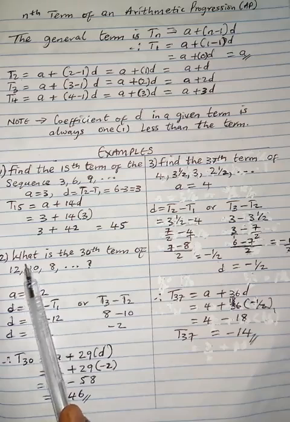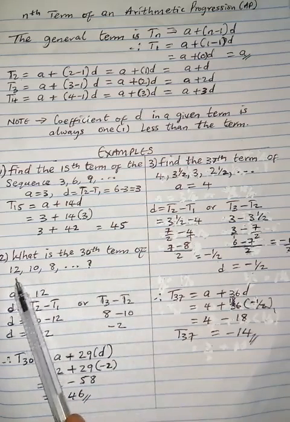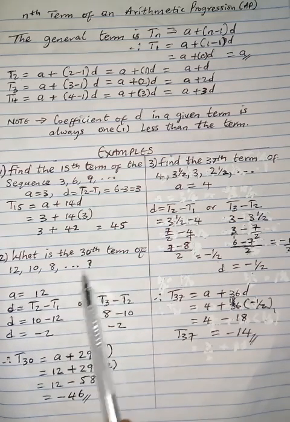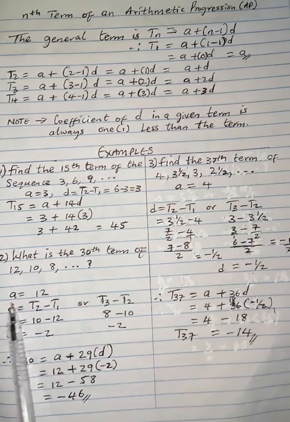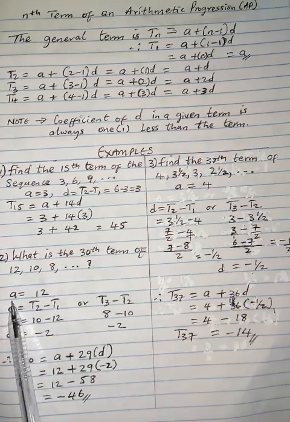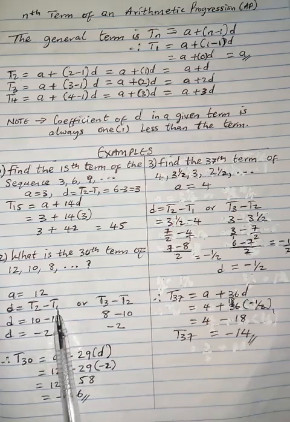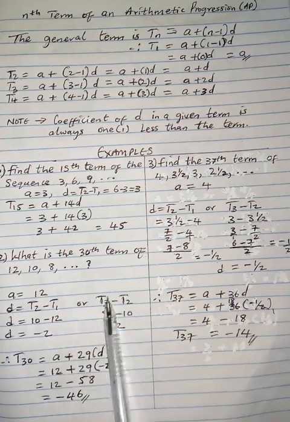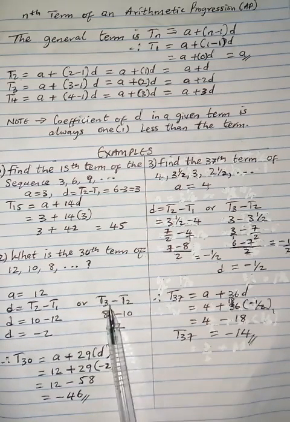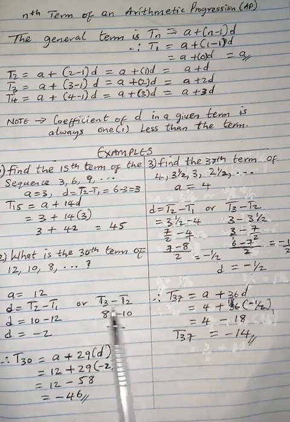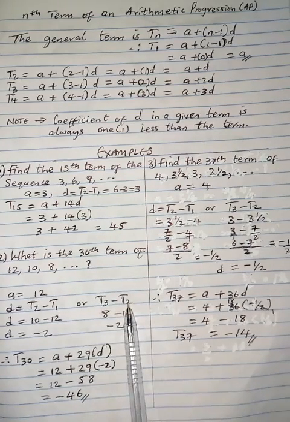Now here we say, what is the 30th term of 12, 10, 8. All right. Now, A here is 12, and D is equal to the second term minus the first term. I also want to find the common difference with another pair of terms, the third term minus the second term.